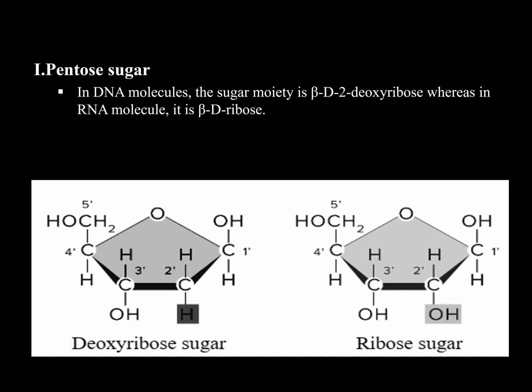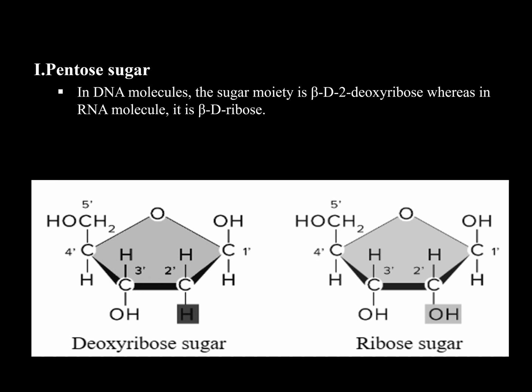Now we study the first component, which is the pentose sugar. Pentose sugar means a sugar with 5 carbon atoms. In the DNA molecule, the sugar is beta-D-2-deoxyribose. In the RNA molecule, the sugar is beta-D-ribose.